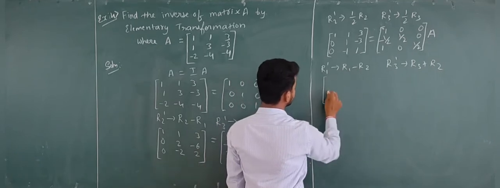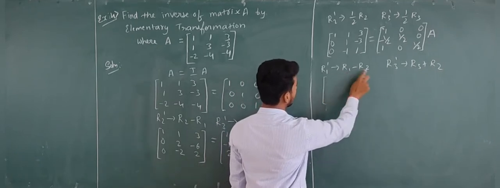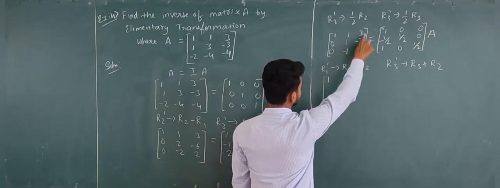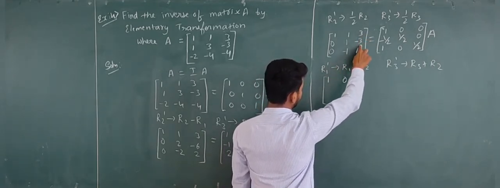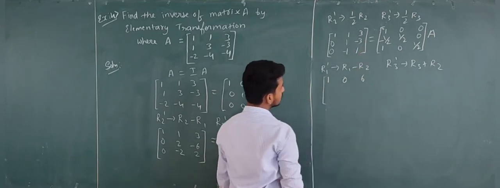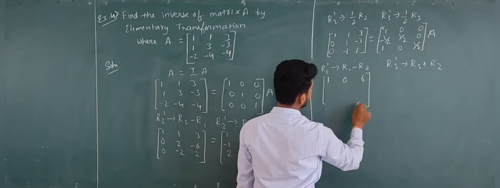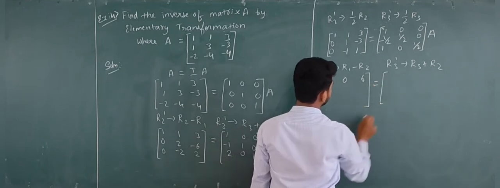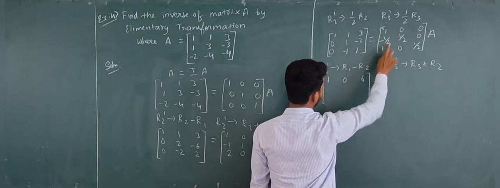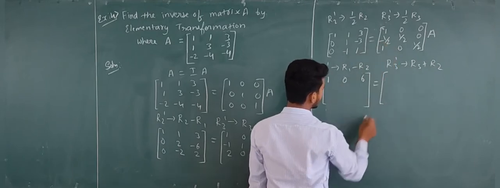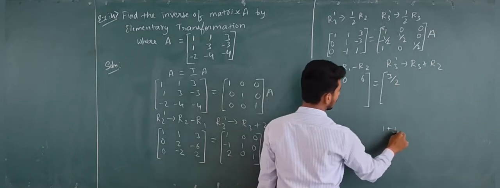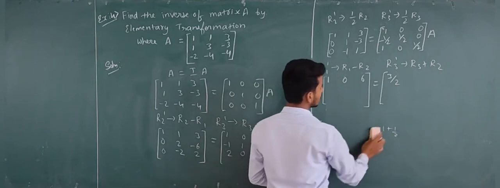Now you are changing the first row, R1 minus R2: 1 minus 0 is 1, 1 minus 1 is 0, 3 minus of minus 3, that is 3 plus 3 is 6. And 1 plus 1 by 2 is nothing but 3 by 2.